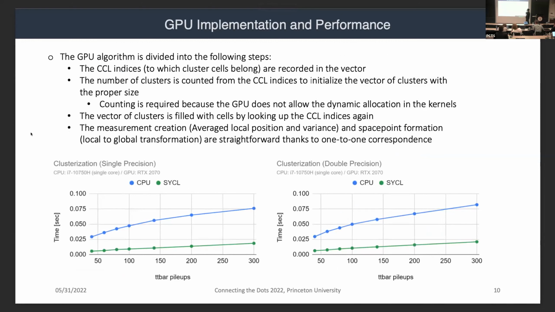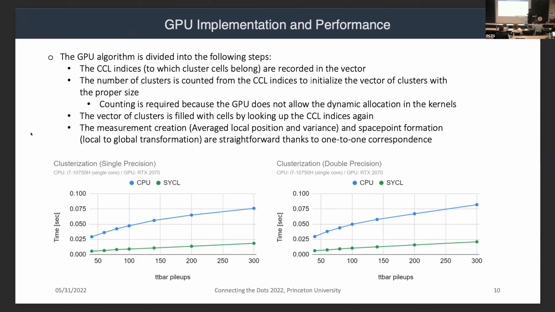And so for the clusterization GPU implementation, the algorithm is divided into the following steps. At the very beginning, we create the CCL indices, which record which cells belong to which clusters.